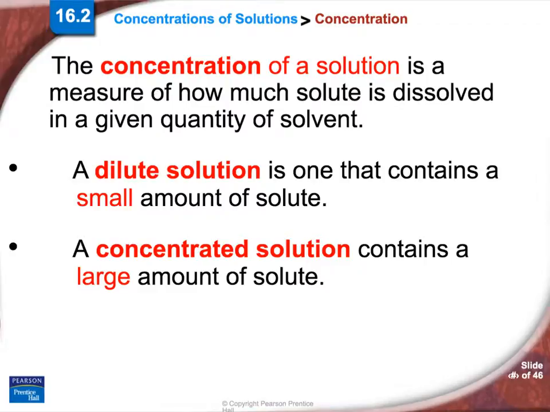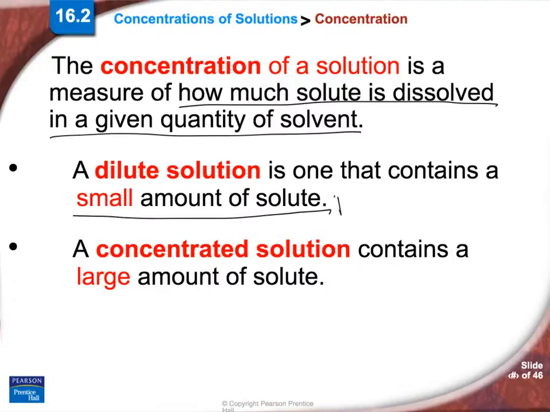So here we have our true definition of the concentration of a solution, and like I said on the previous slide, it's how much solute is dissolved per solvent in a given quantity of solvent. That's the really important part here. So when we look at solutions, we can either call them dilute, which is a small amount of solute per solvent.